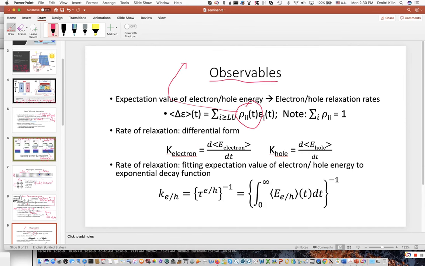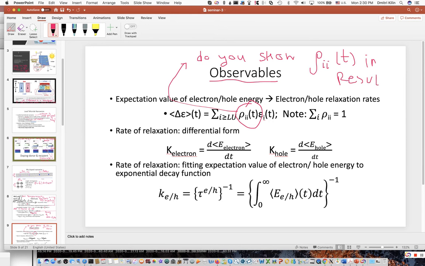Then in the next line, I'm calculating my relaxation rates for my electron and my hole. My relaxation rates is simply how my expectation values for my electron energy and hole change with time. But how, even though that's technically how I calculate that, on the next slide.